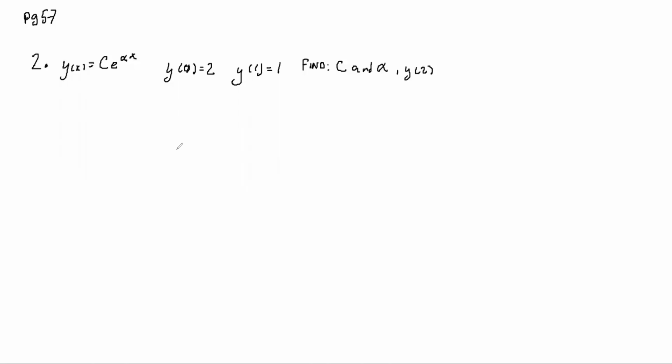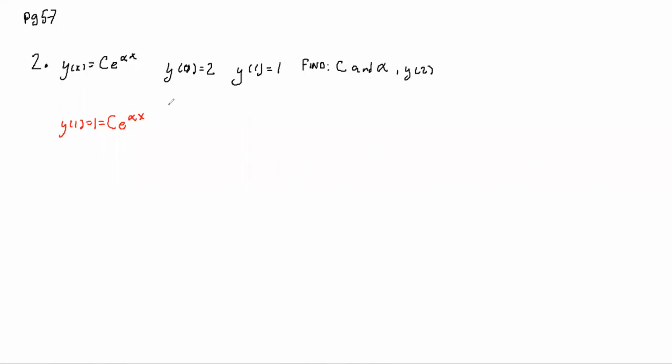That's what I'm trying to figure out. The exponential function, got that. Find the constants c and alpha. So probably use y as 1. You want to say y of 1 is equal to 1, so that is equal to c e to the alpha x? Yep.